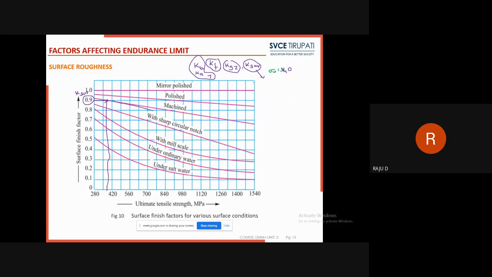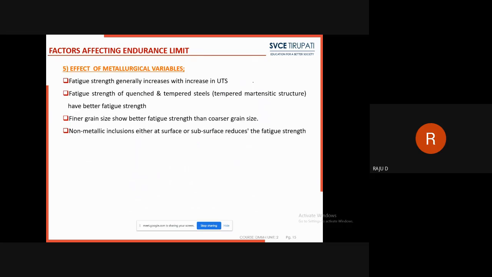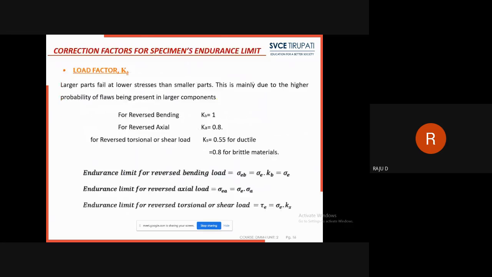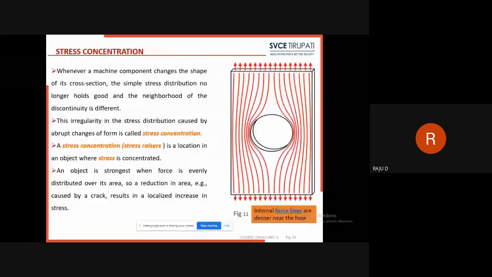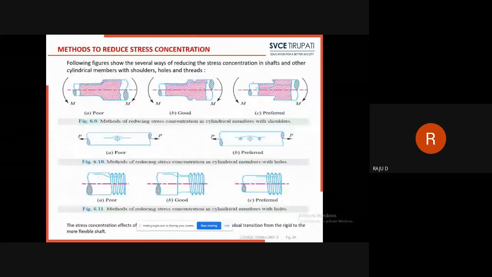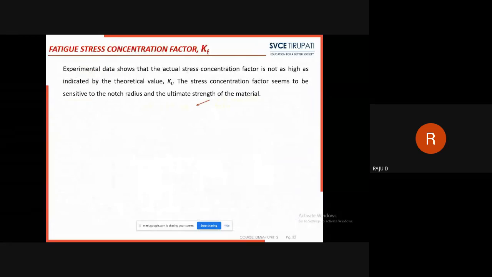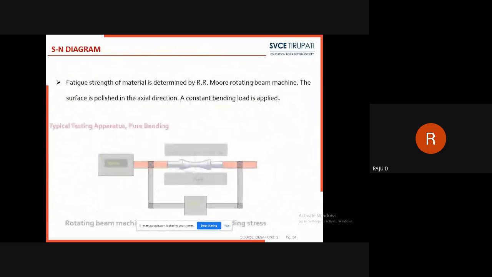Okay, next one is size factor. See this? Size factor generally we have to take from the diameter values. Once again, the size factor is generally taken from the diameter of the bars.